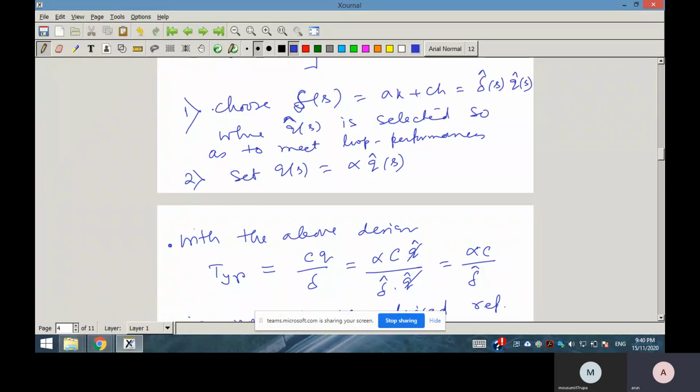So just I am writing here. Once delta(s) is selected, obtained, the K(s) and H(s) polynomials can be found using the Sylvester matrix approach.